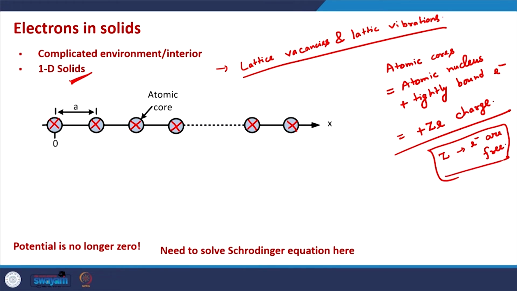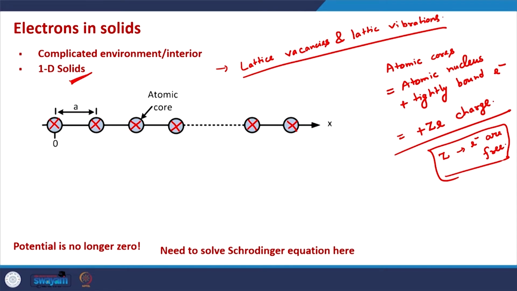That is why the atomic cores have a positive Z times e charge, where e is the charge of a single electron. So, these are positively charged, stable, heavy atomic cores. These are fixed at a regular interval. The period of this lattice is, let us say, a.